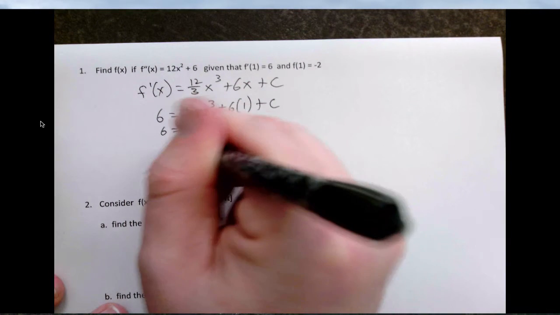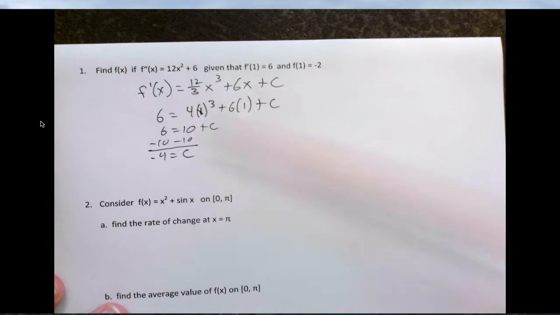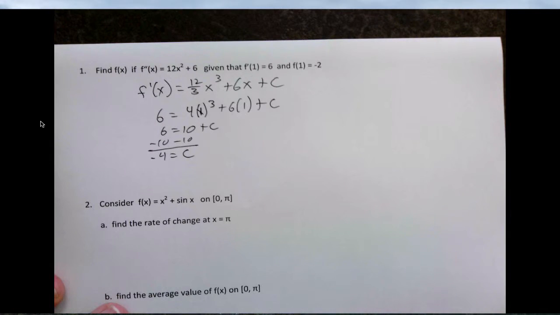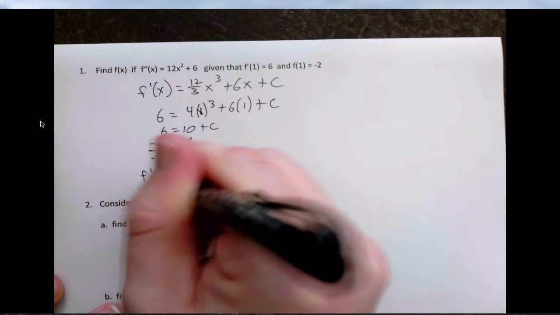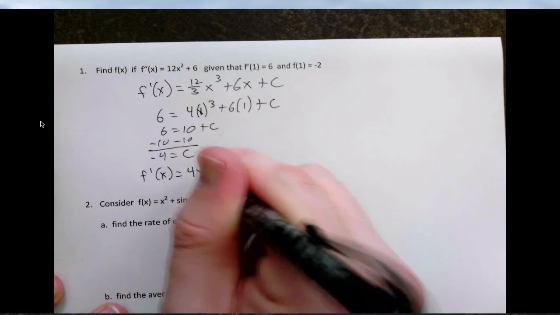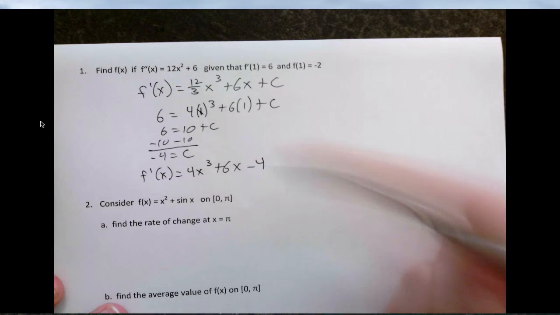So when I subtract 10, I end up at -4. So f prime of x is now 4x to the third plus 6x minus 4.